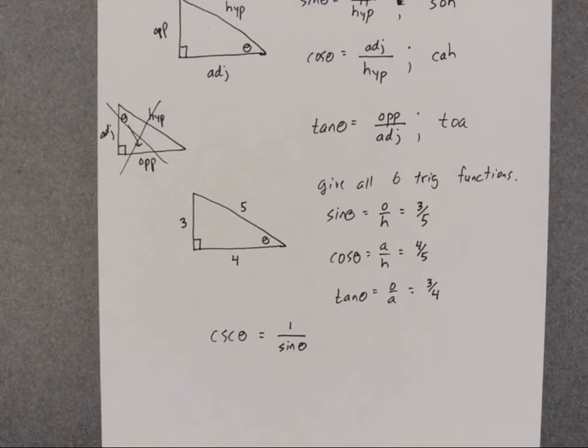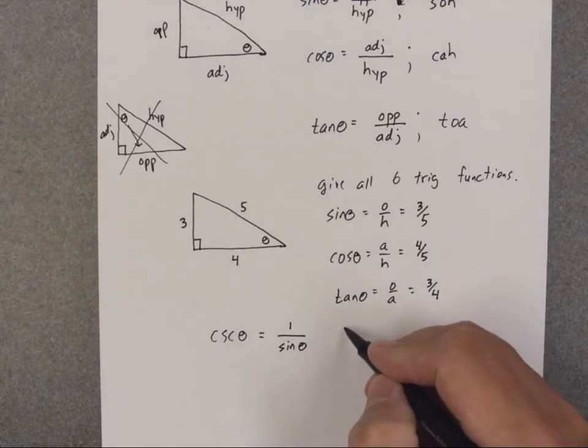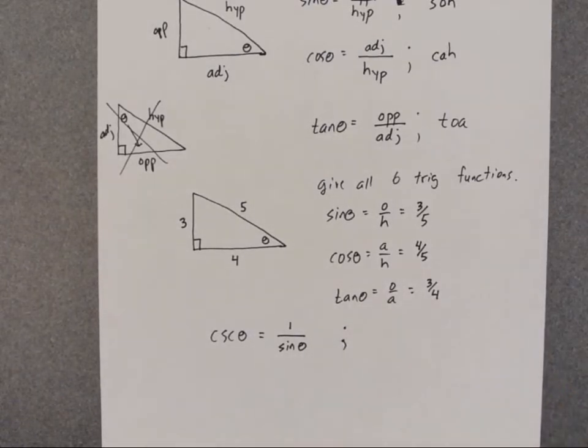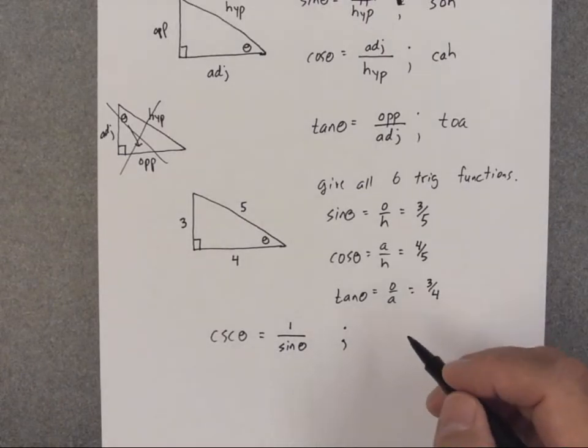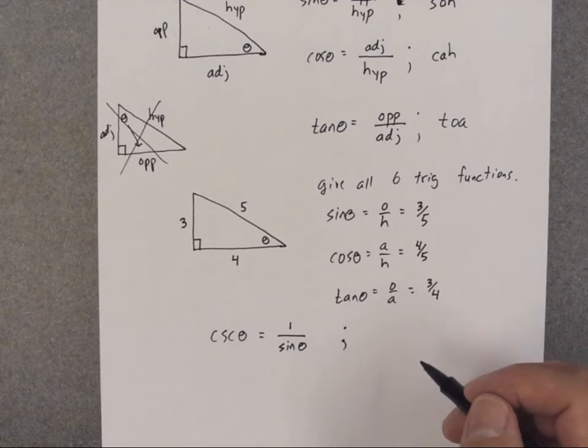Now, in a very practical way, this becomes very simple, because here's what happens. If I know the sine of theta and I want to get the cosecant of theta, I simply have to flip the sine of theta.